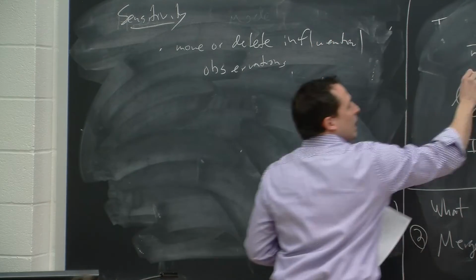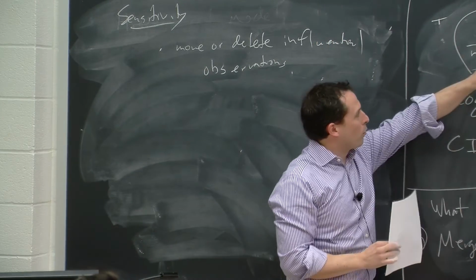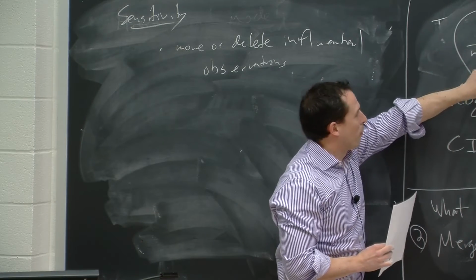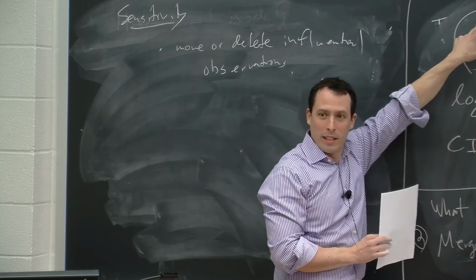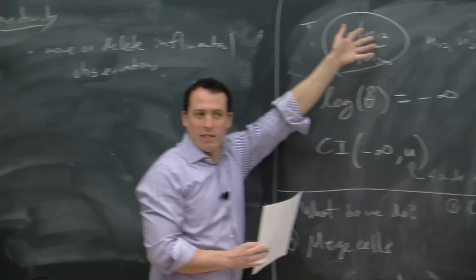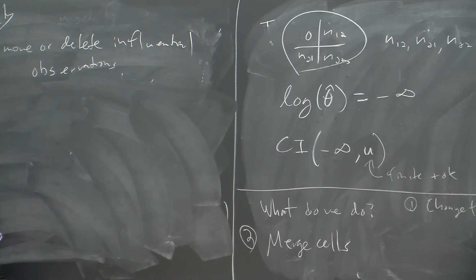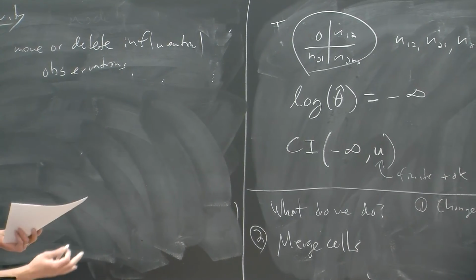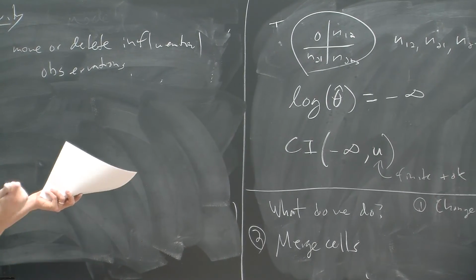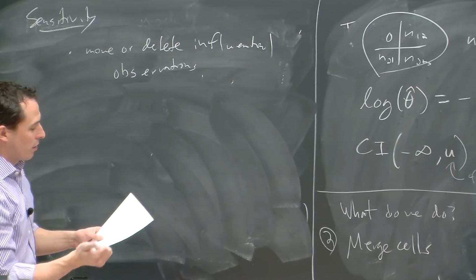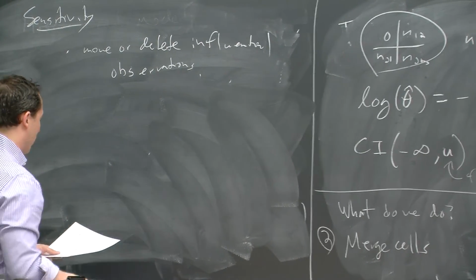If you have a table like this, for example, you could try taking one from this cell and putting it here, or taking one from this and putting it there, and see how much that changes your answer. If it doesn't change it much, then it's probably okay. So if you take a small perturbation of your data, adding or subtracting some small vector, how does that change the inference?